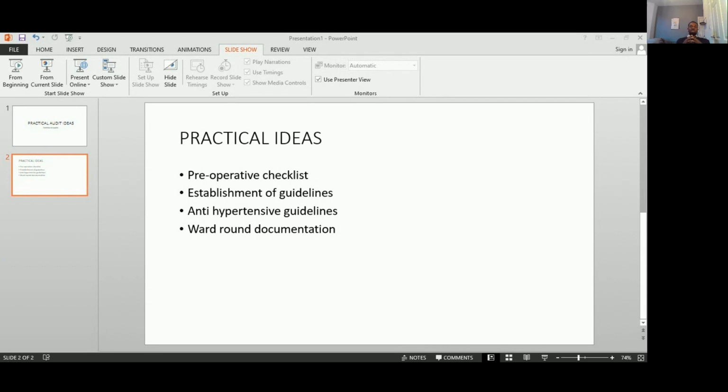To make it structured, you can design a questionnaire. Once you've gotten about 10 to 11 to 12 items that they have told you should be on the checklist, you design a questionnaire, writing those 10 things, and putting check boxes on how important they think these things are to being in a preoperative checklist.